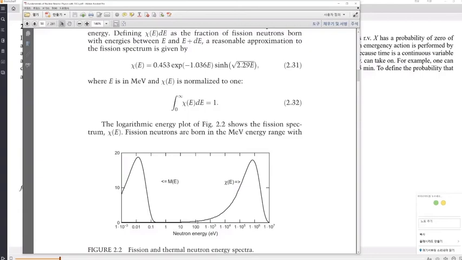This is an example of a continuous probability density function. Of course, we are going to also see what a probability density function is. Also, this would be the probability density function for the Maxwell-Boltzmann distribution.